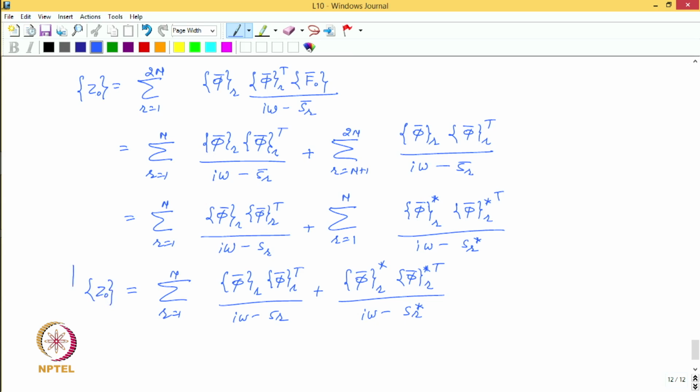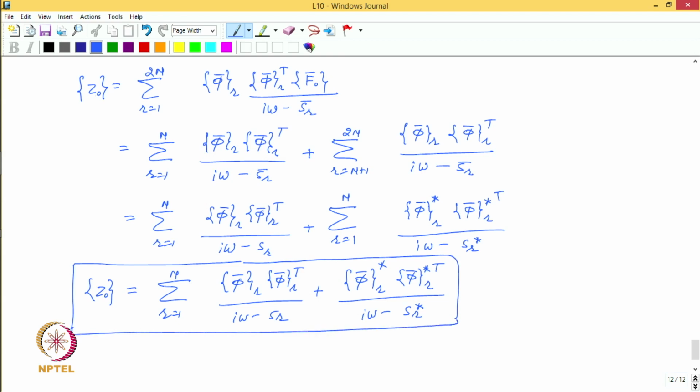So, this basically gives us the steady state response to the harmonic forces in state space. This is nothing but the steady state response in the state space. One correction I would like to make: I have forgotten to add the vector f naught here.